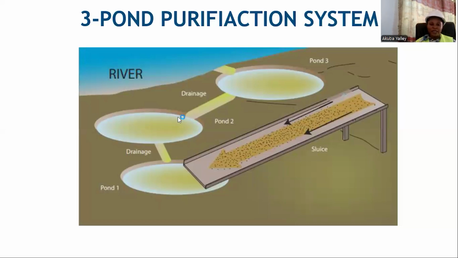And so the channel from pond 2 to pond 3 will allow water that is somewhat more filtered to move into pond 3. And at this point, you see that the water here will be quite clear. The water in this pond 3 can then be pumped to help in the processing.